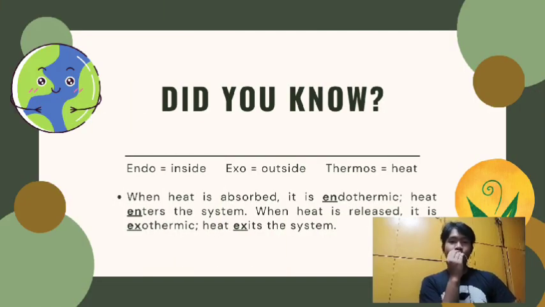Did you know that endo, exo, and thermo are derived from Greek words? Endo means inside, exo means outside, while thermo means heat. When heat is absorbed, it is endothermic: heat enters the system. So the keyword here is the en, which means enters.